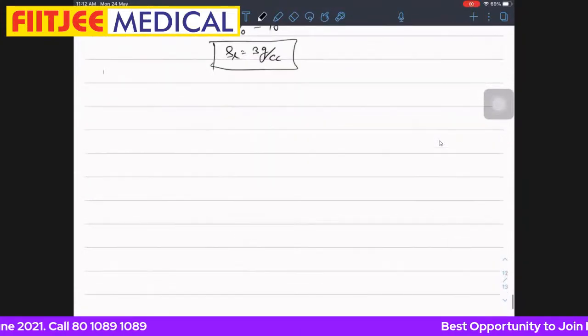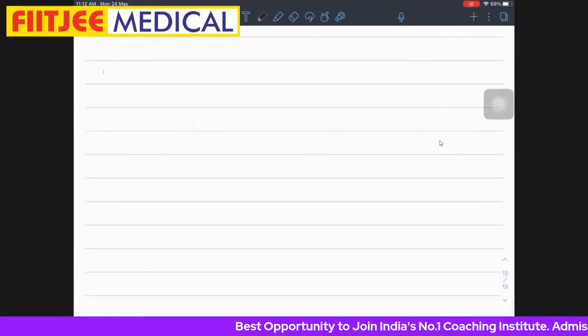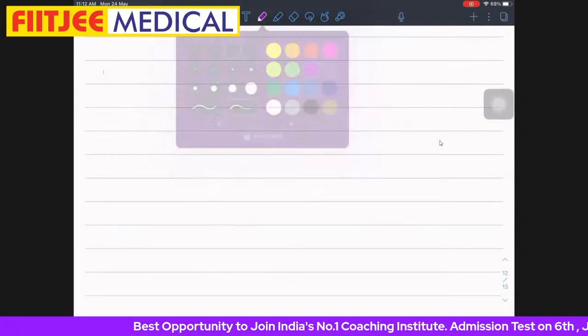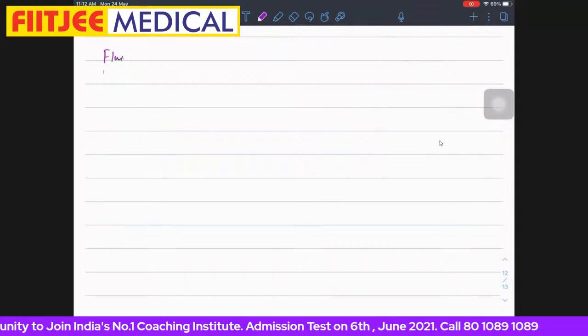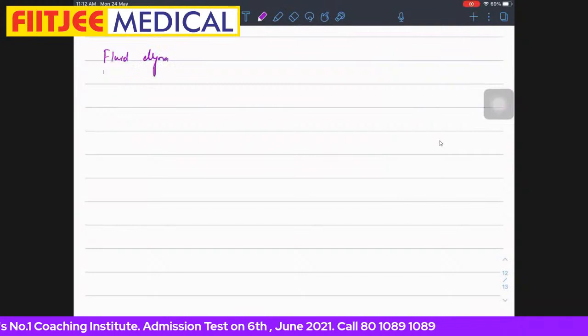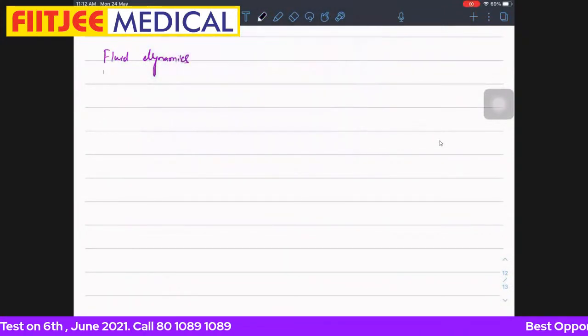So till now we have been discussing fluid statics. Now we'll go to fluid dynamics. When fluids are in motion, how the pressure and everything will be affected, that we'll try to learn here.